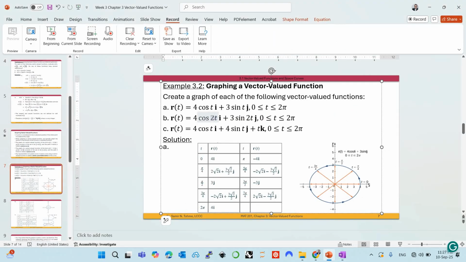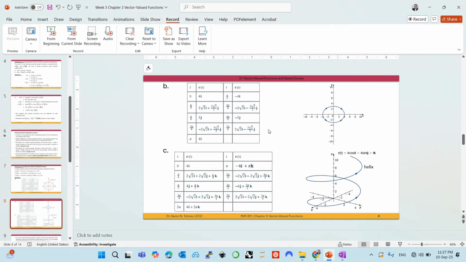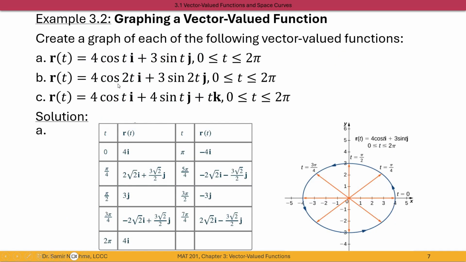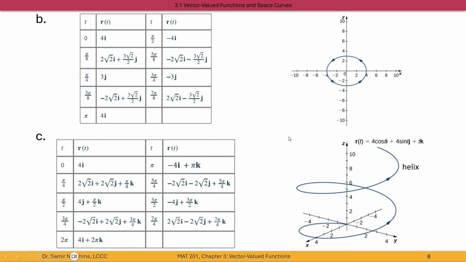If this is the period 2 pi for part A, it should look the same but with a smaller one like this. Again, just replace the values as we did in the first part. Replace the values, calculate and draw.